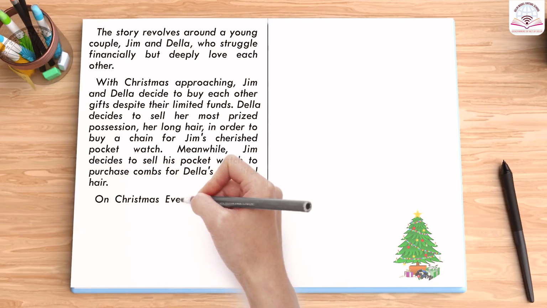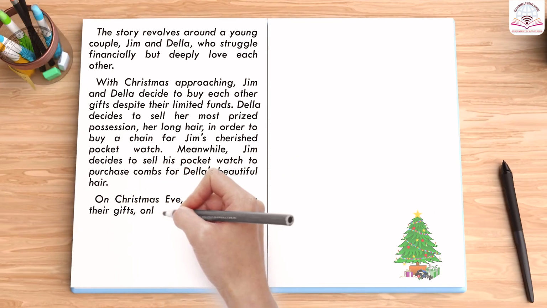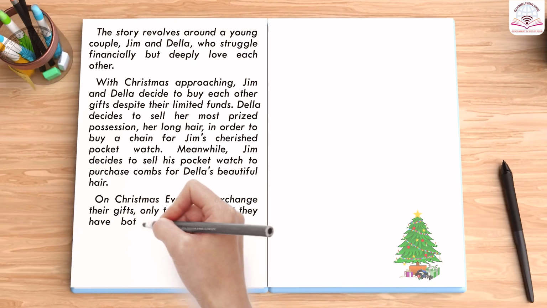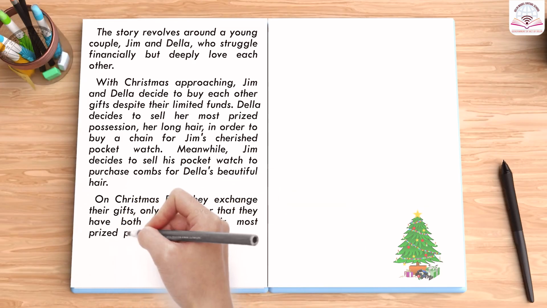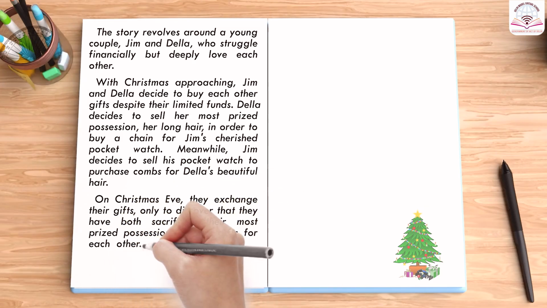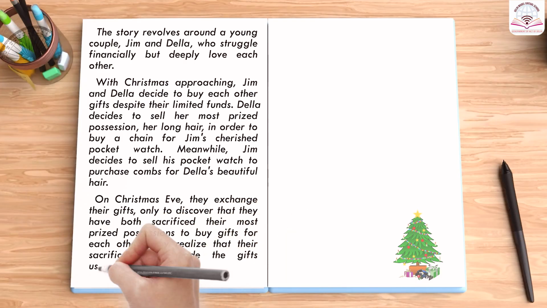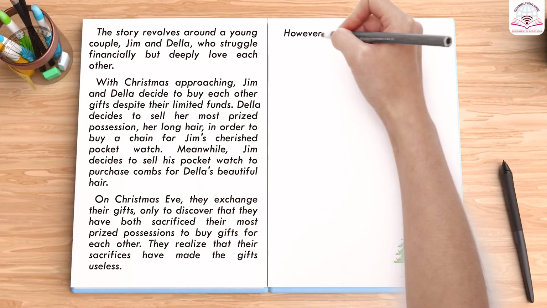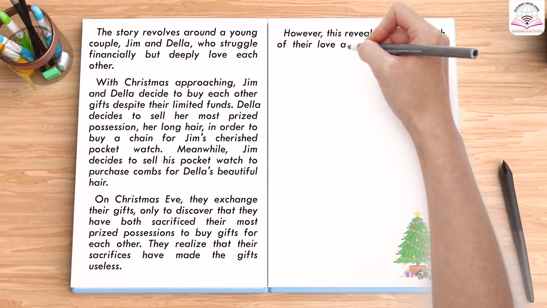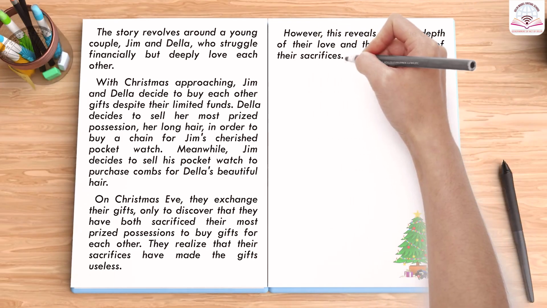On Christmas Eve, they exchange their gifts, only to discover that they have both sacrificed their most prized possessions to buy gifts for each other. They realize that their sacrifices have made the gifts useless. However, this reveals the true depth of their love and the importance of their sacrifices.